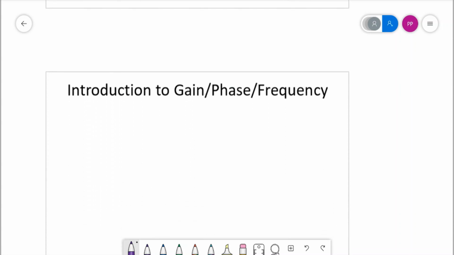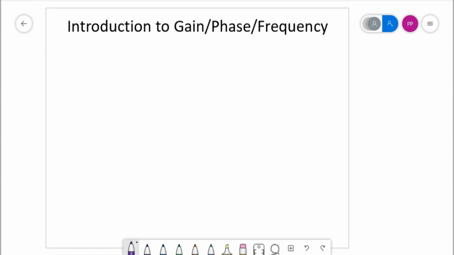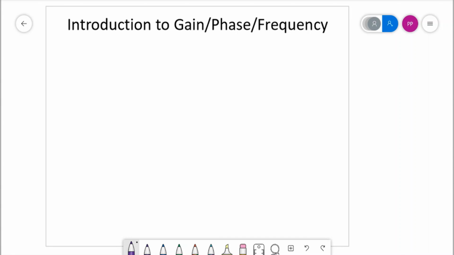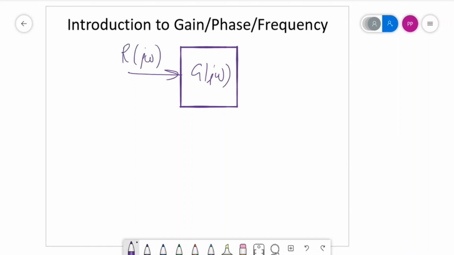So let us start with the gain of a system. We can take the simple example of a system, say G at j omega, supplied with certain input, say R, at a given frequency, and the output is recorded at that frequency.